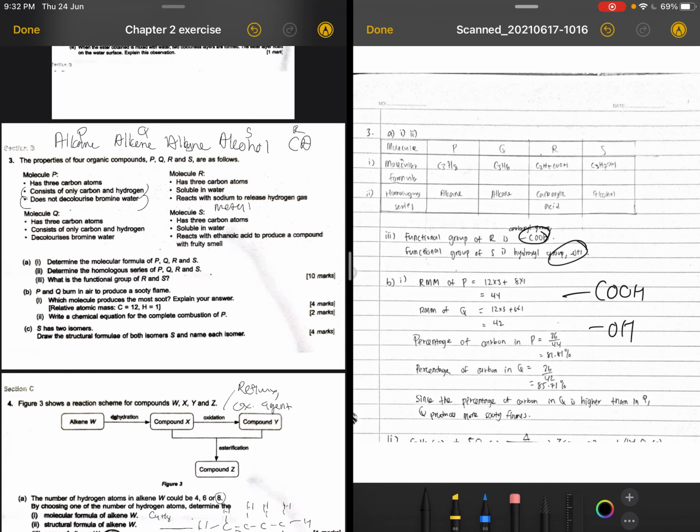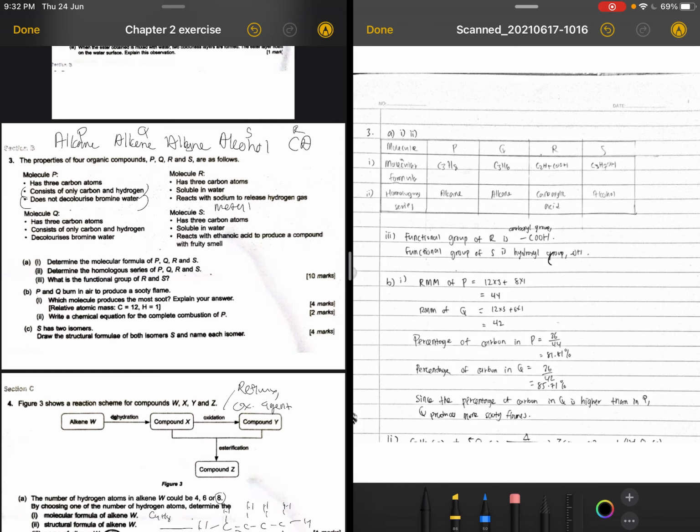Next, here's the question that I want to talk about, the sootiness. The way you find out whether P or Q is more sooty is, if you know well enough, you know that alkene is more sooty. But for us to prove it, or to explain why, we have to do calculation.